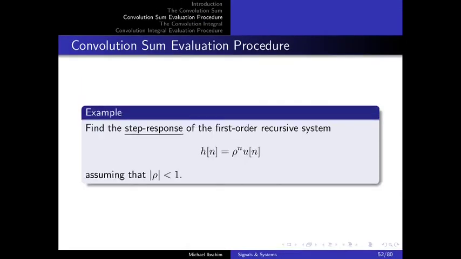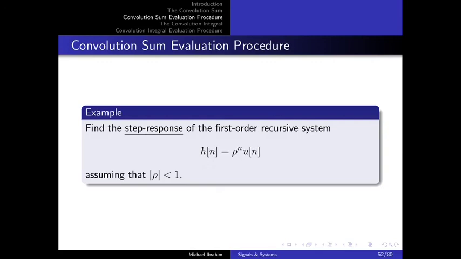So the next example, we need to find the step response of a first order recursive system, that is rho to the power n u of n. So in order to get the step response in this case, we need just to apply the definition.